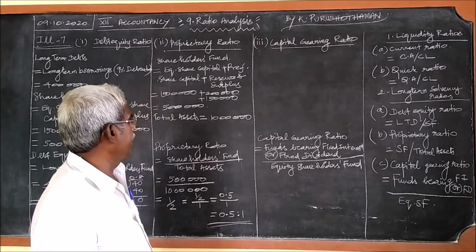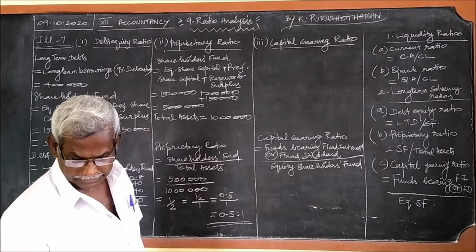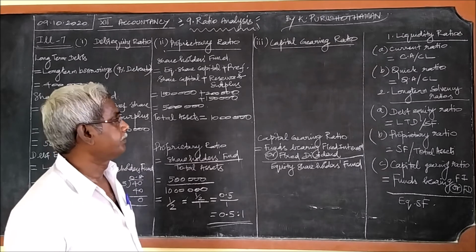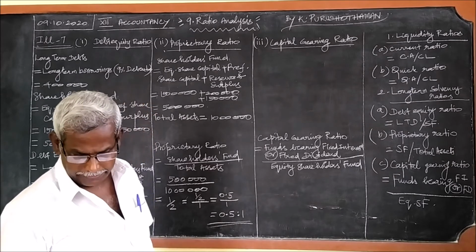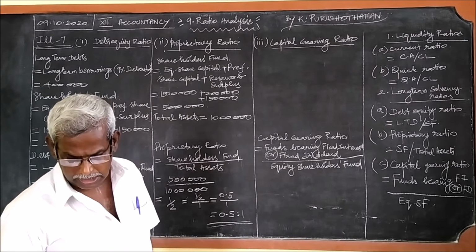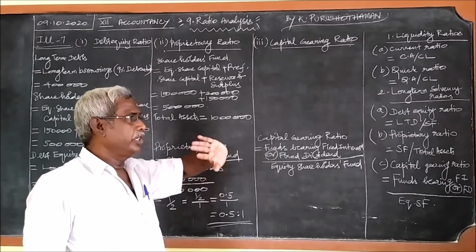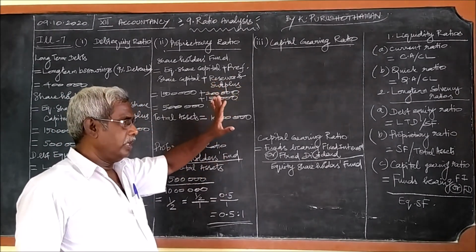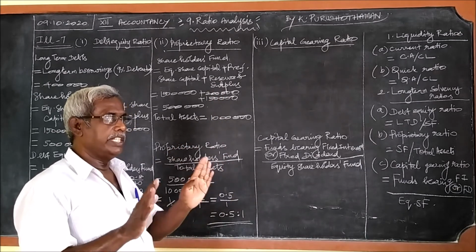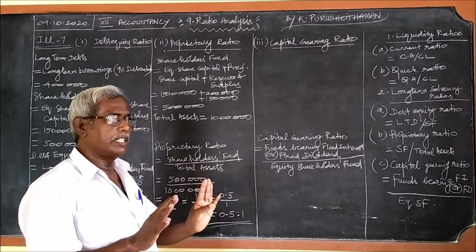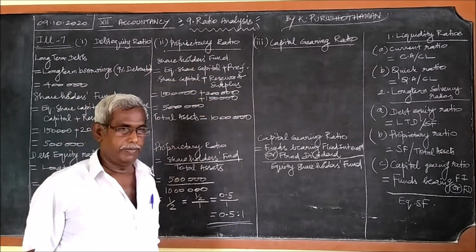Fixed interest can be got for the item called debenture. Fixed dividend can be given for preference shareholders only. Equity shareholders and preference shareholders both have the eligibility to share the dividend from the profit earned by the company.